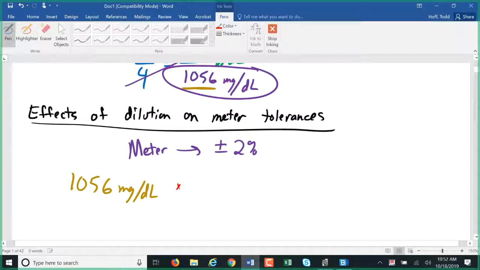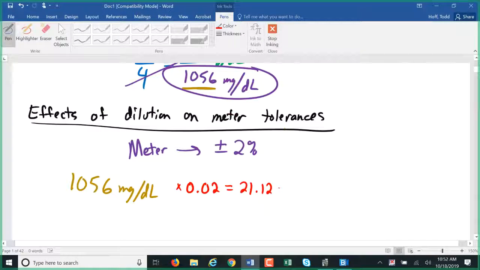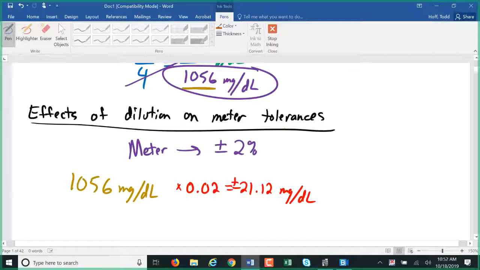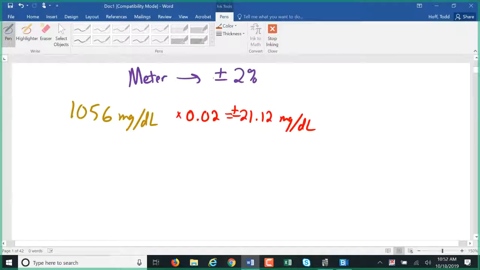For 2% of that, I'm just going to take a shortcut and multiply by 0.02, which gives 21.12 milligrams per deciliter. That means the reading could be off by up to 21.12 milligrams per deciliter. The reading given on the meter was 264 milligrams per deciliter. This error still applies.